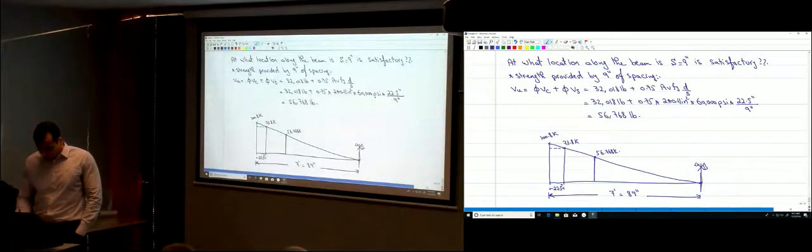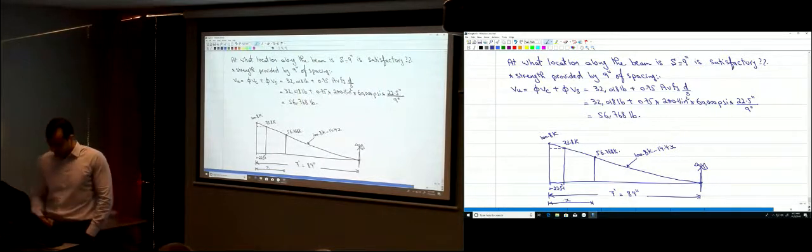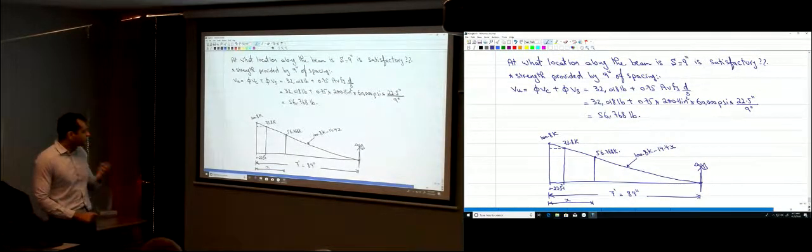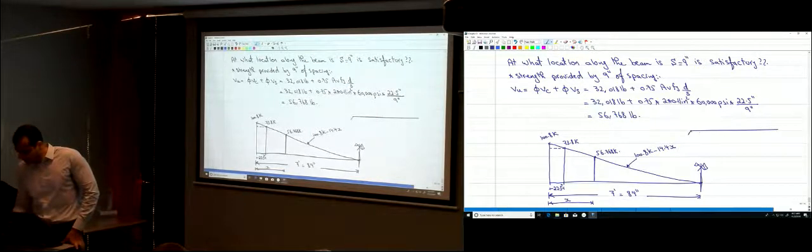To find that point, you can use similarity of triangles or the equation of that line. The shear at any point is 100.8 K minus 14.4 multiplied by the distance x. Where did I get this equation from? You had this in structural analysis 1, statics.